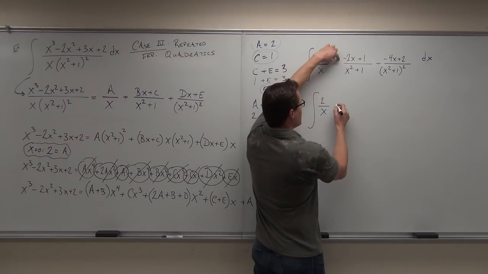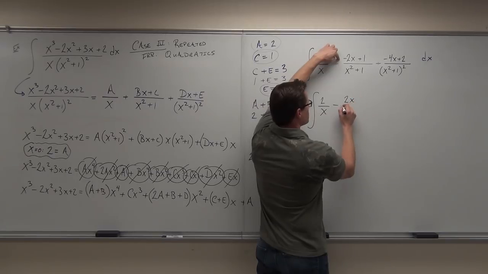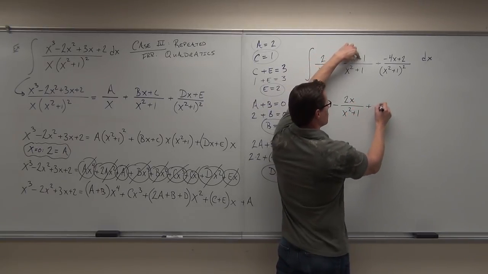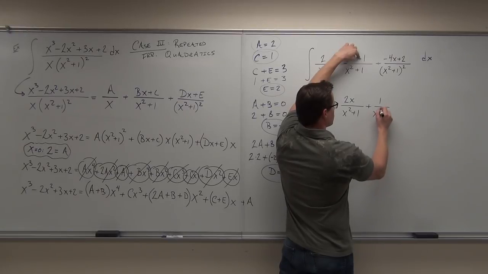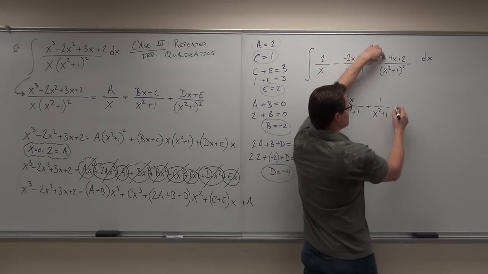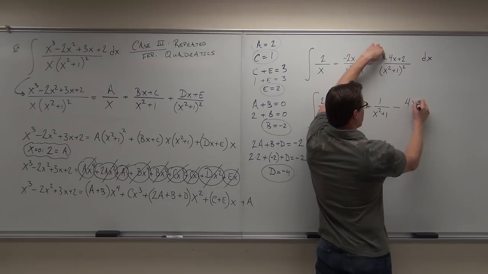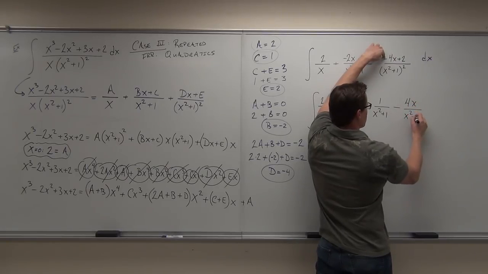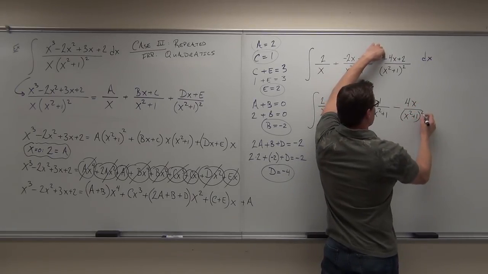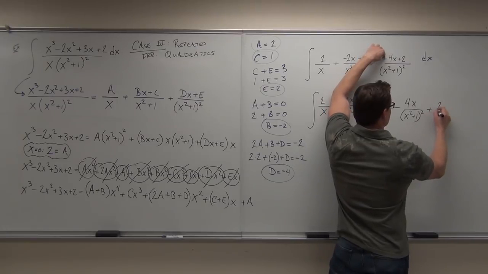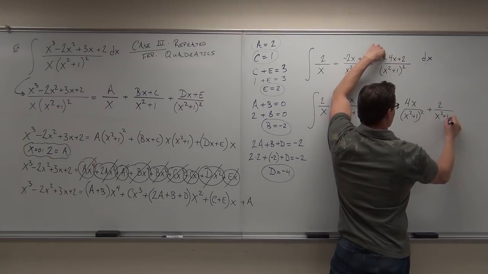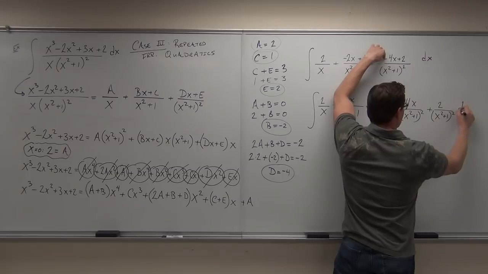I'm going to have minus 2x over x squared plus 1. So I can leave this plus and have plus 1 over x squared plus 1. I'm going to leave this minus and do minus 4x over x squared plus 1 squared. And then plus 2 over x squared plus 1 squared dx.